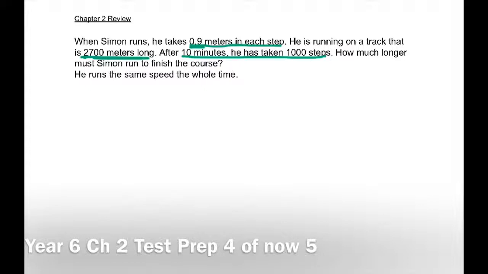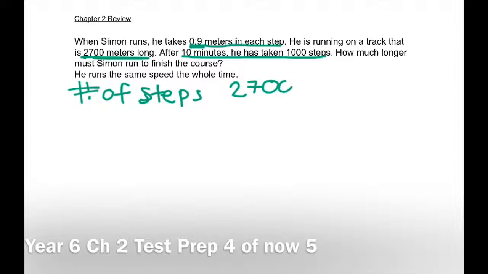So first, let's figure out the number of steps. That's supposed to be an S, steps. So to do the number of steps, we are going to take our total distance and divide it by how big each step was, which we know was 0.9.